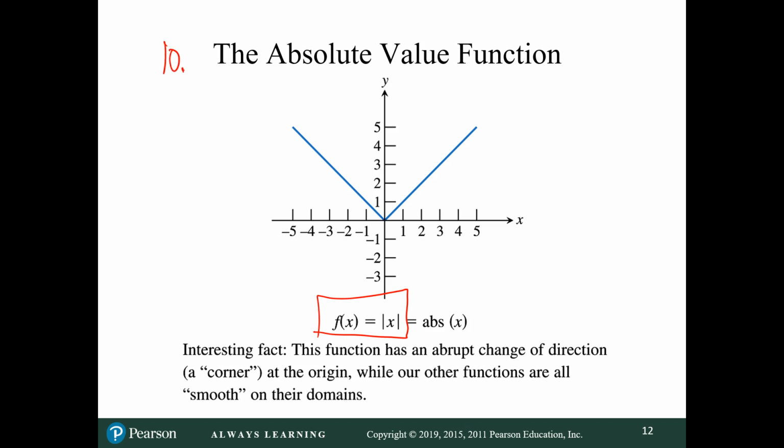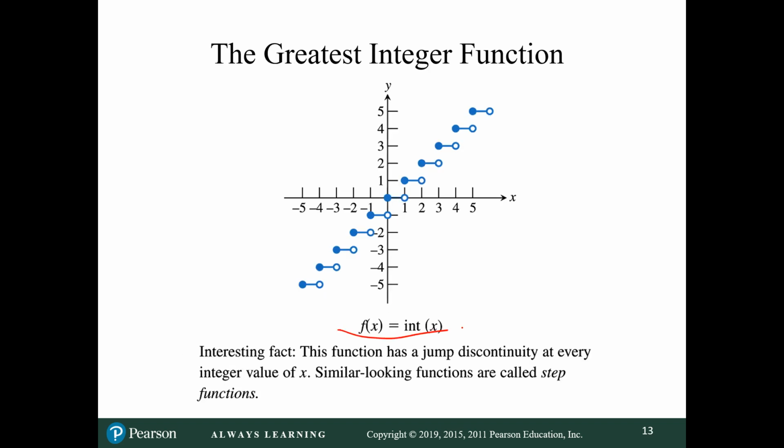Absolute values always make a V. It might make an upside down V. Okay, number 11 is the greatest integer function.